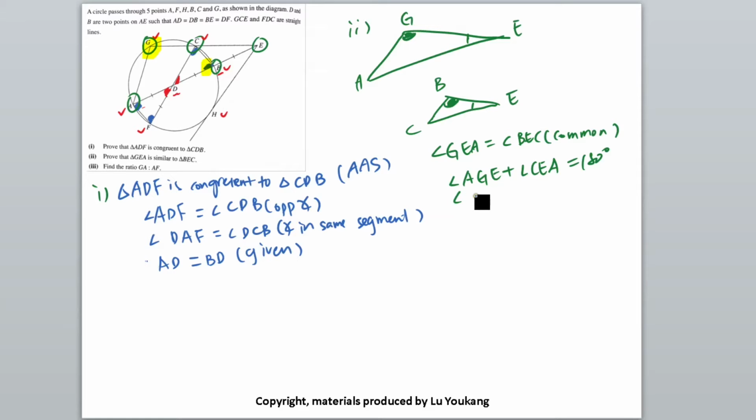And next, I also see that my angle CEA plus my angle CBE is also 180 degrees. And the reason is sum of angles on a straight line. So therefore, I can prove that my angle AGE is equal to my angle CBE.